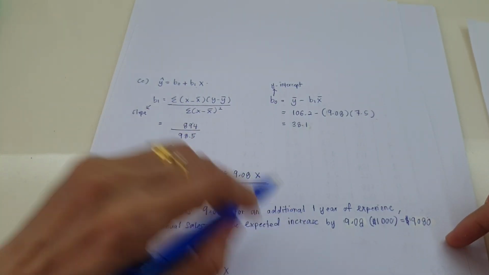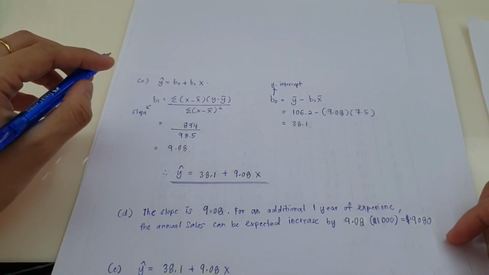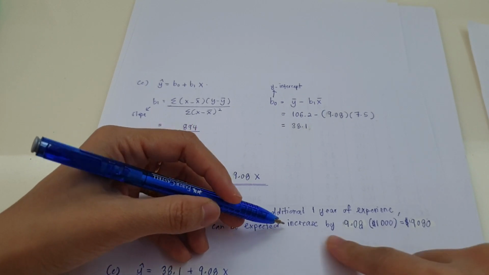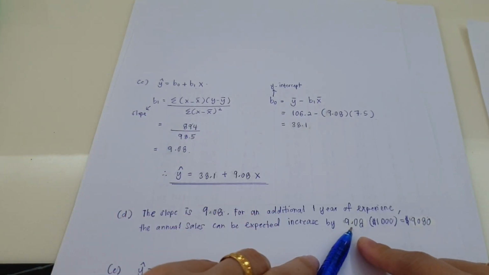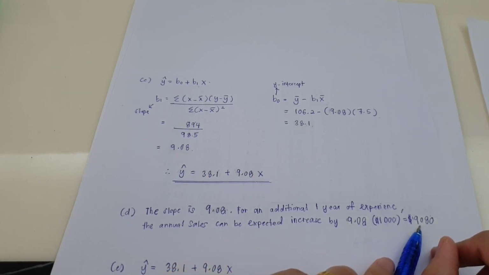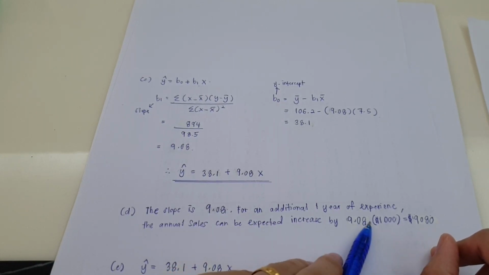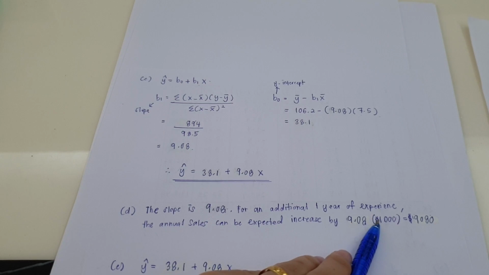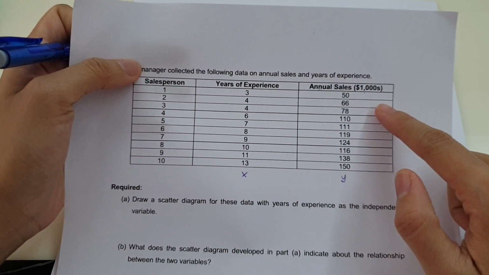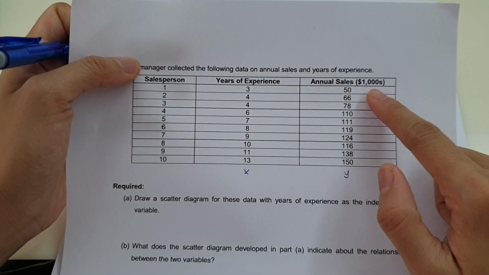This is the explanation, the interpretation. For an additional 1 year of experience, the annual sales can be expected to increase by 9.08 times 1000, and then you will get 9080. How can I get this one? This one is from the question, from the table itself.